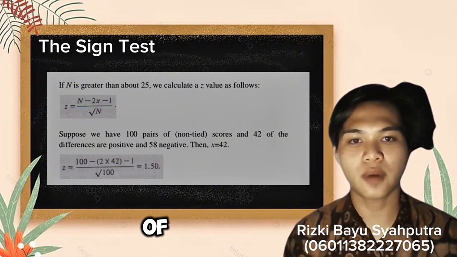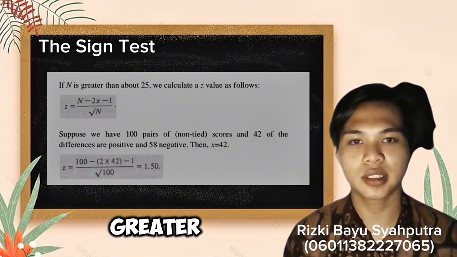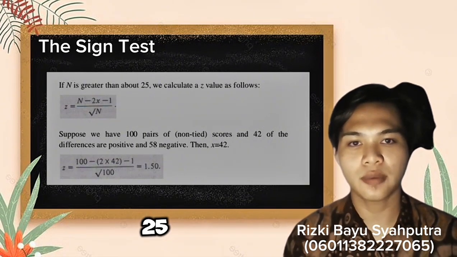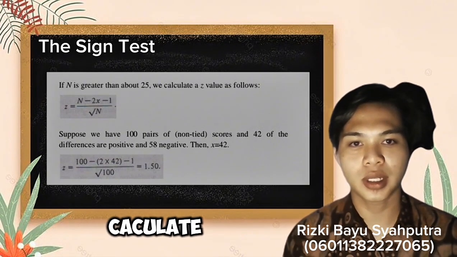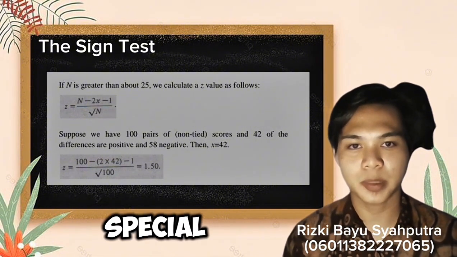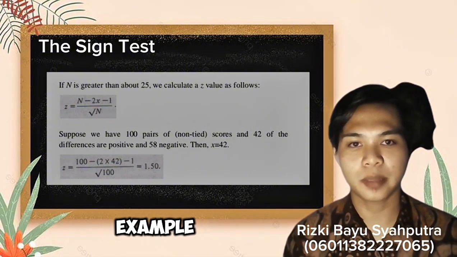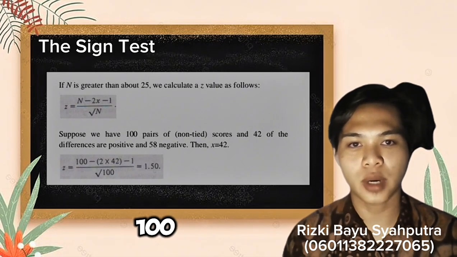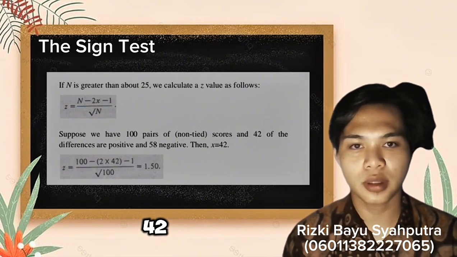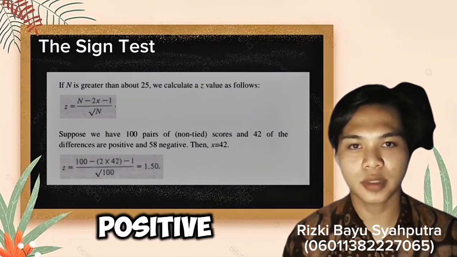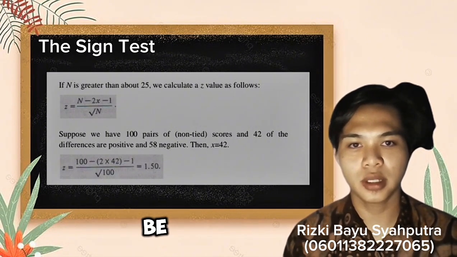If the number of observations is greater than 25, we calculate a z value instead using a special formula. For example, if we have 100 non-tied pairs and 42 of them are positive, x would be 42.